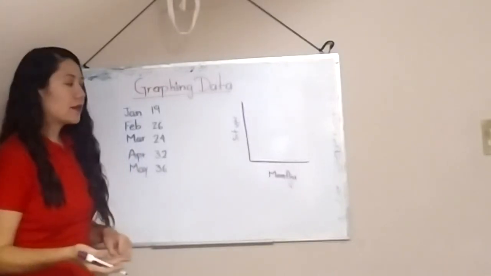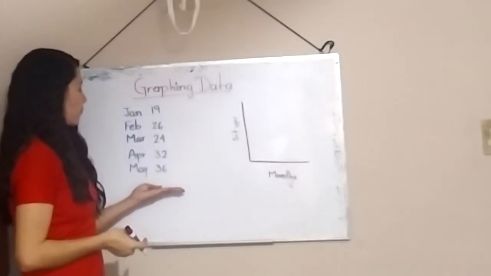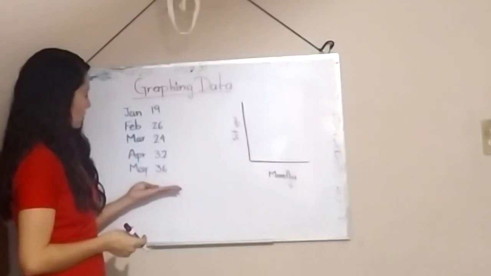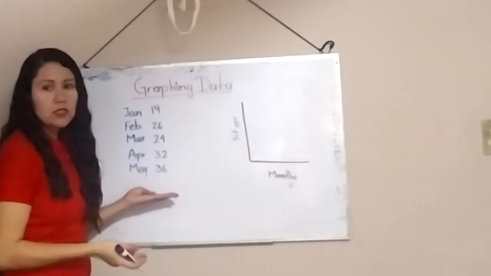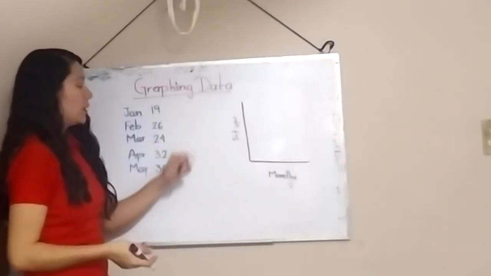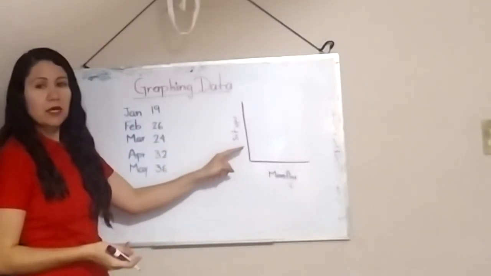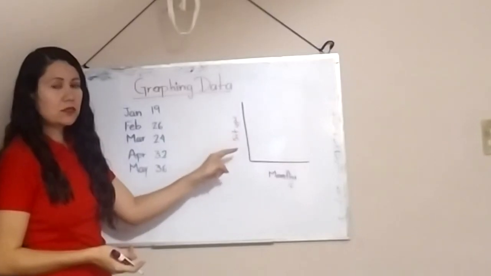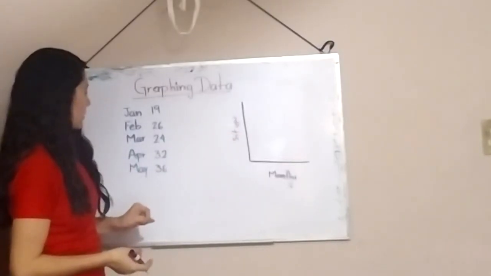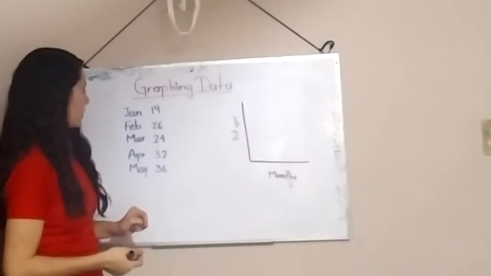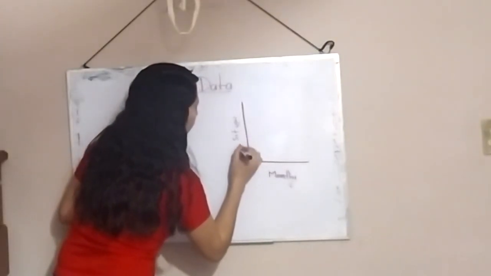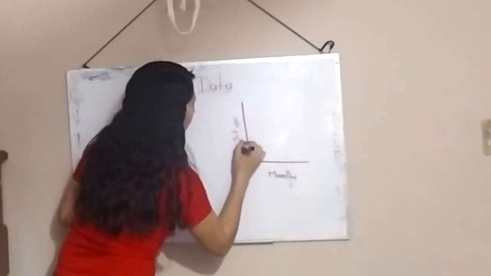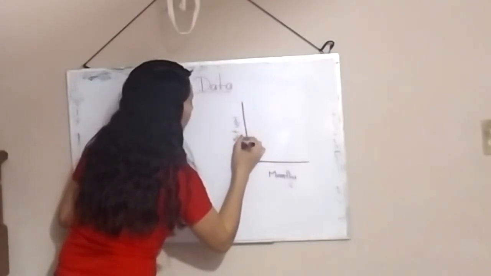Now we will make a scale to fit. We should do a 2 by 2 intervals, and we can start by another number that is not 0. In this case, I think we could start at 16. And we will go up 2 by 2.